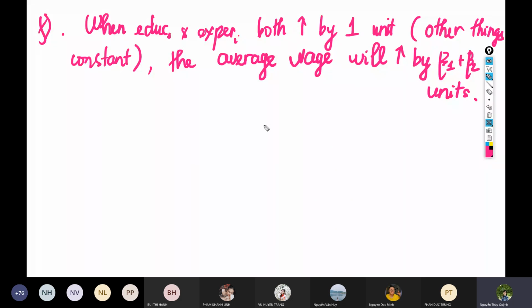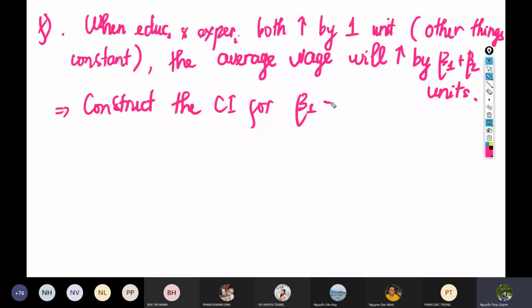Which means that we have to construct the confidence interval for the change in the average wage, which is beta 1 plus beta 2 in this exercise.